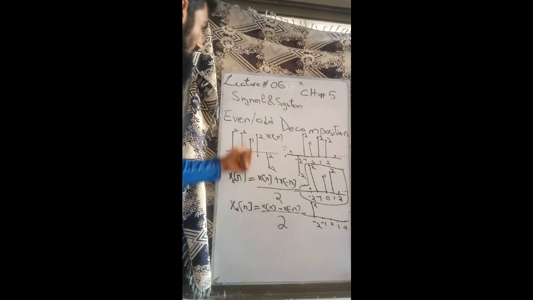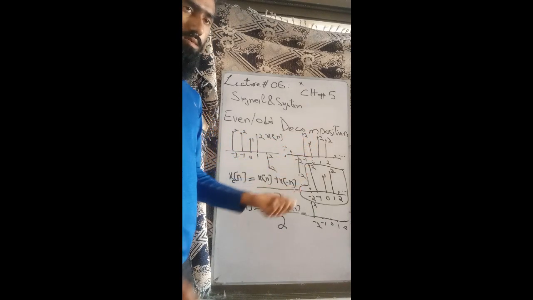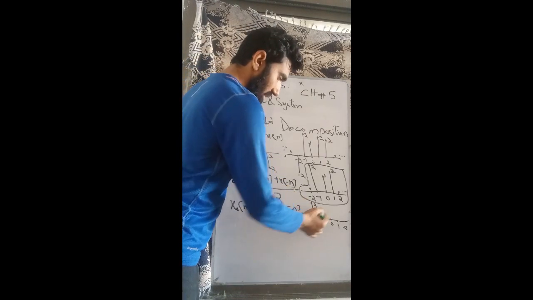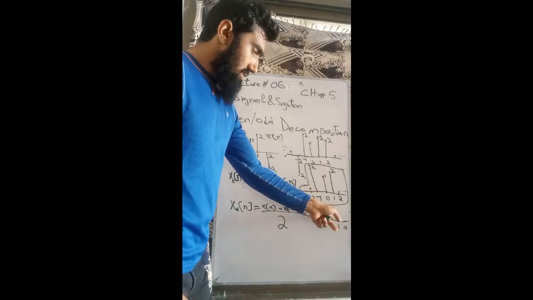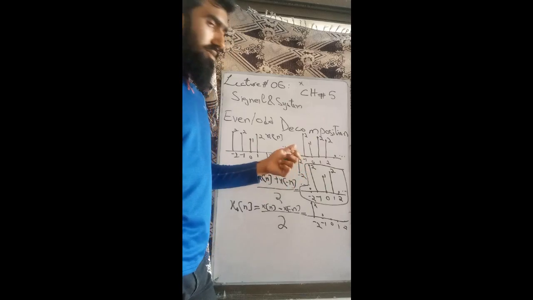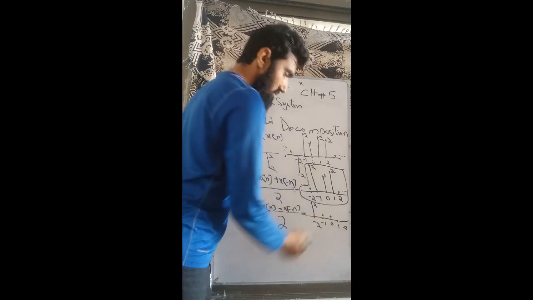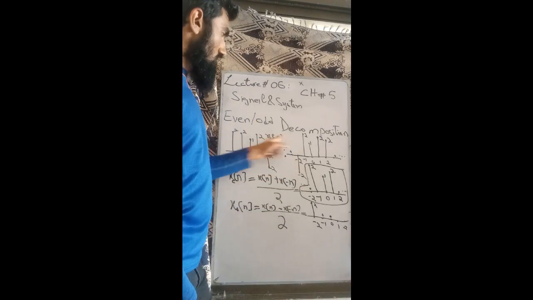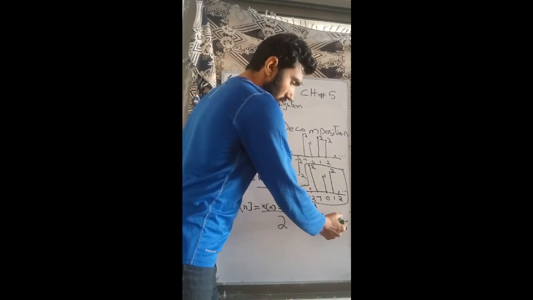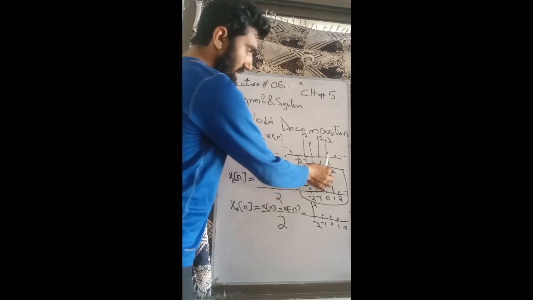At -1, 2 minus 2 is 0, and 0 divided by 2 is 0. So at -1 I have 0 value. And at 0, 1 minus 1 divided by 2 is 0. So again we get 0 value. And at 1 we have 2 minus 2 divided by 2, using this formula, is 0. So at 2, here we have -2, and here we have 2.